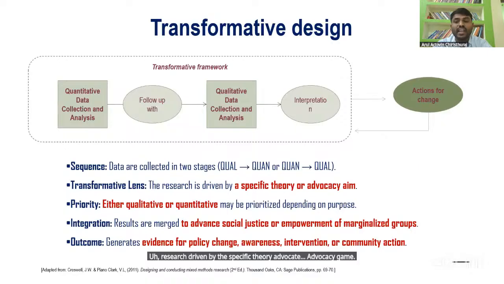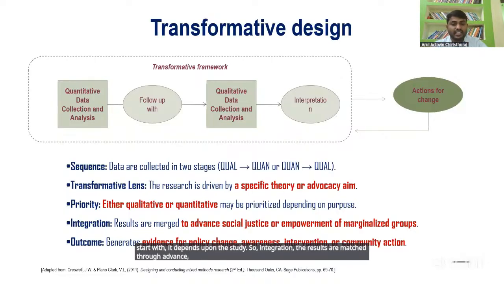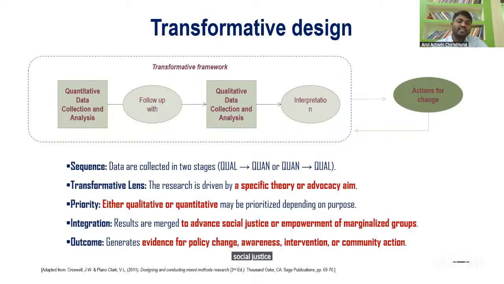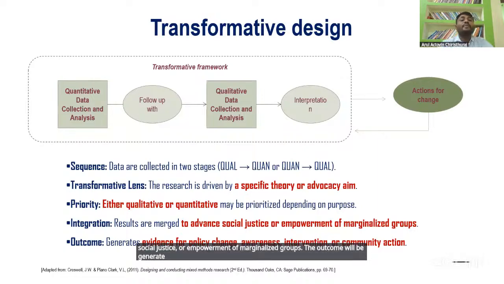As I already told you, this design is useful for empowerment of the marginalized and for social justice related studies. Priority is given to either qualitative or quantitative, whichever is started first, depending upon the study. In integration, the results are meant to advance social justice or empowerment of marginalized groups. The outcome generates evidence for policy change, awareness, intervention, or community action.